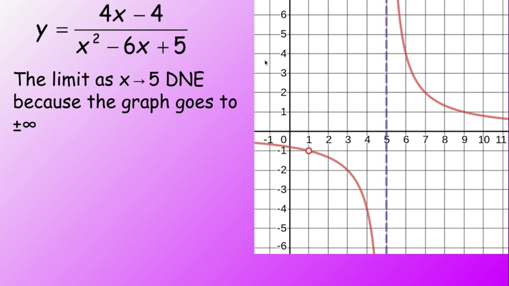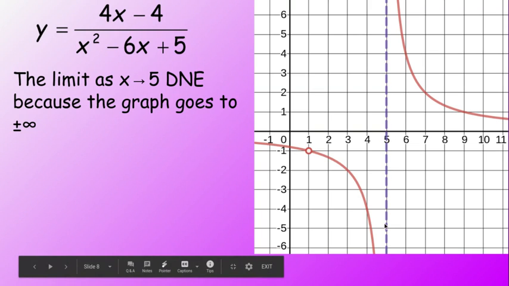Another way to do it algebraically is if you plugged 5 into this function, if you did direct substitution, on the top, 5 times 4 is 20 minus 4, you'd get 16, but on the bottom, you'd get 0. So when you get a constant over 0, that's when you get the limit doesn't exist. It's the 0 over 0 that gives us some difficulty. But in this case, we would know the limit doesn't exist because we get constant over 0. We'd also know it from the graph because there's a vertical asymptote.